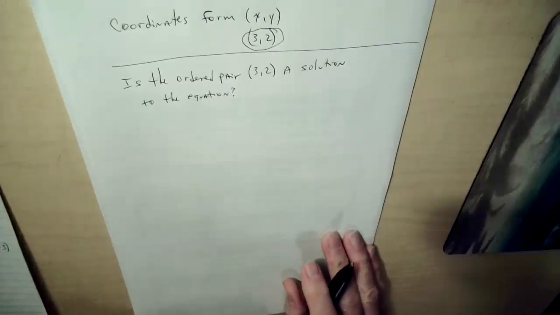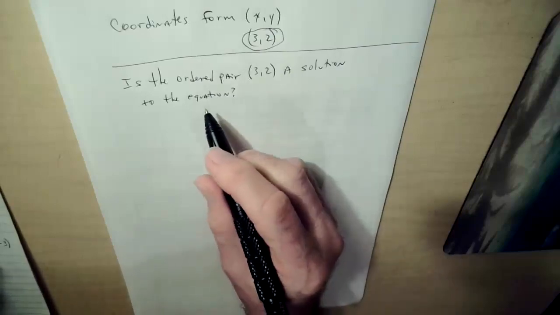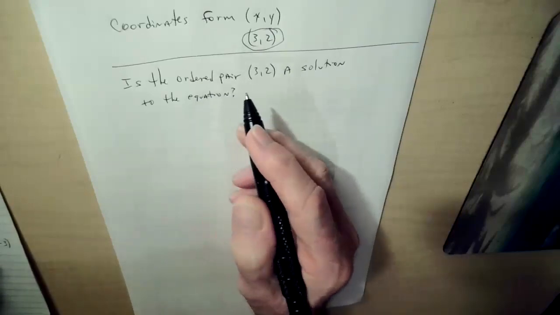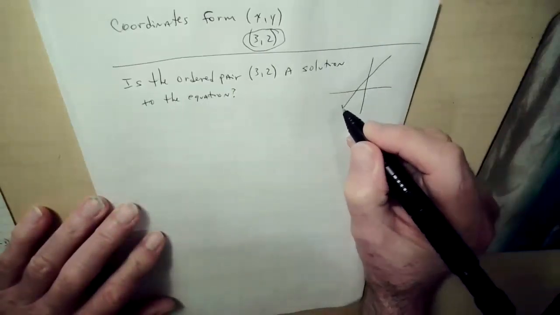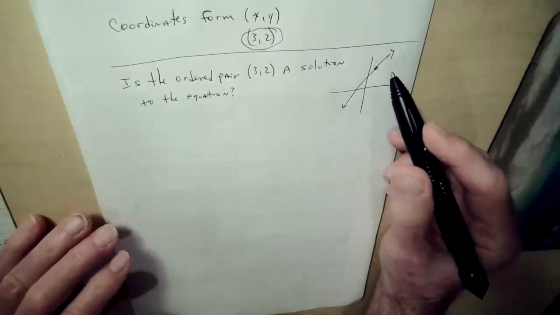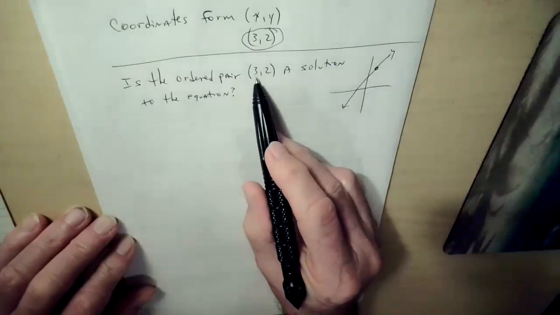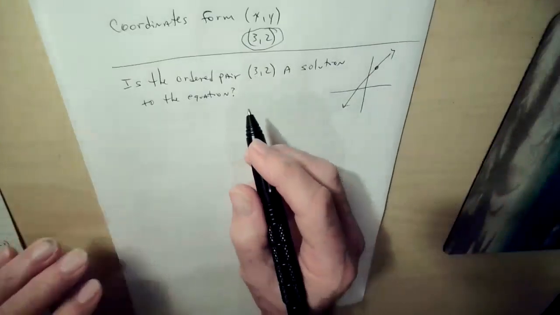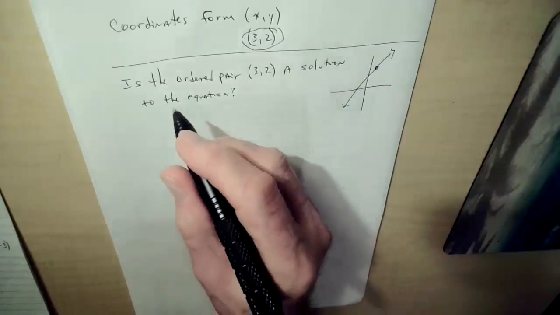Now, if you have that, what does it mean to be a solution? It means that if you have a straight line, is this point on the line? Would (3, 2) be on that line? Well, let's see. It's real simple.